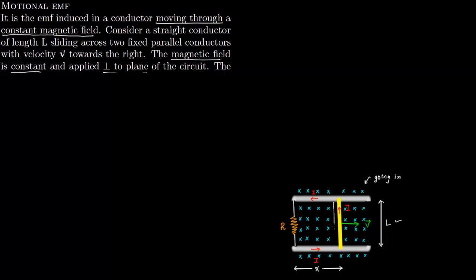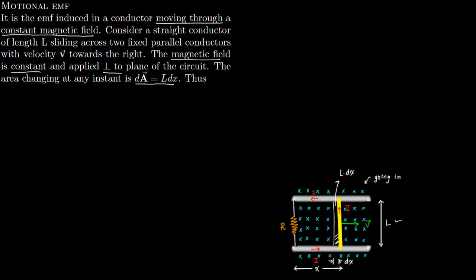Say this small distance is dx, then this area would be L times dx. L is the length of this yellow bar times this small width dx. So this is the small change in area.